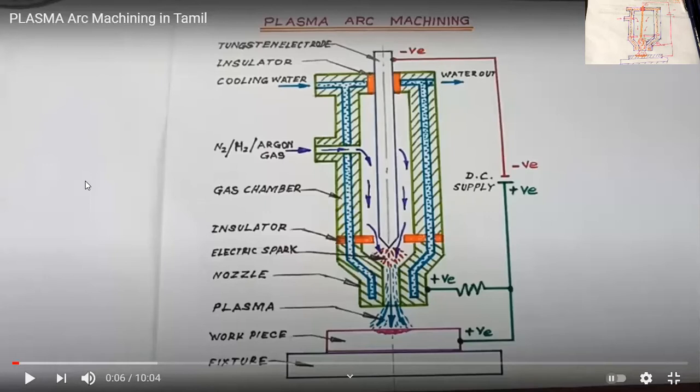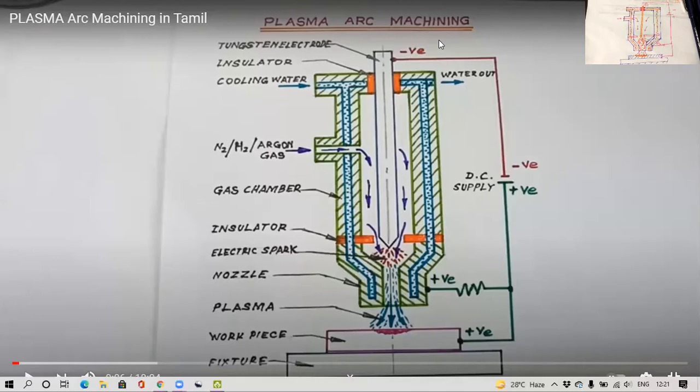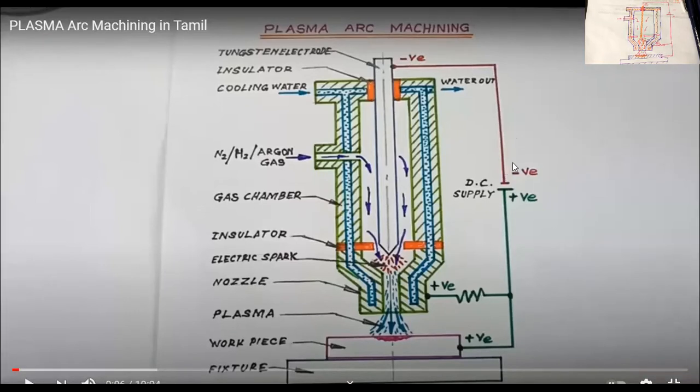So from the diagram you can notice that this one is the non-consumable tungsten electrode, which is connected to the negative terminal of the power supply in order to have more electrons, or electron emission.